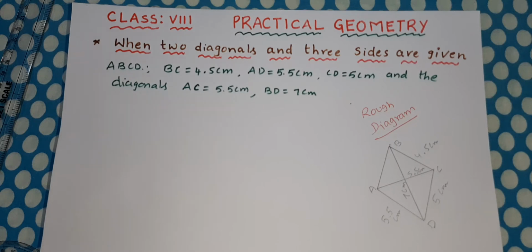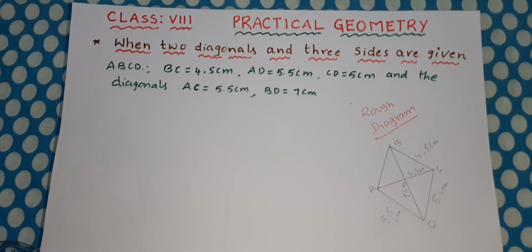quadrilateral. Right? First of all, we need to construct a triangle ACD because in ACD three sides are given. See, AC is given, CD is given, AD is also given. So we need to construct ACD first, or you can construct BCD also, no problem, because here BC is given, CD is given, BD is also given. Right, children?